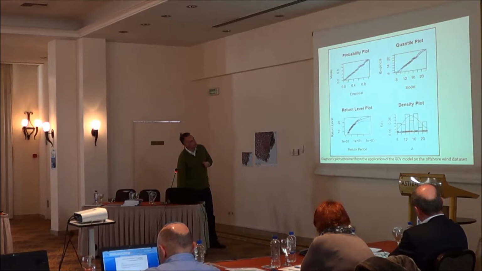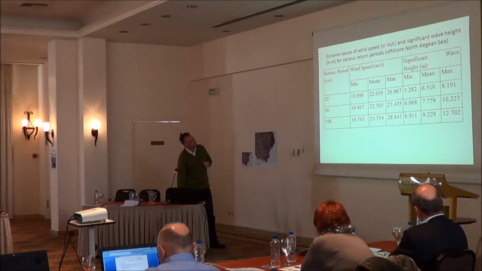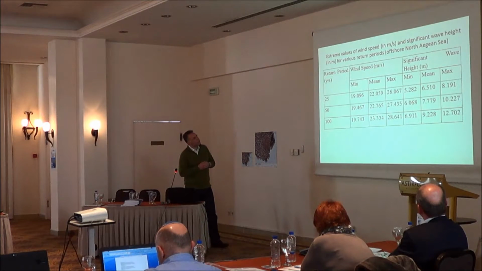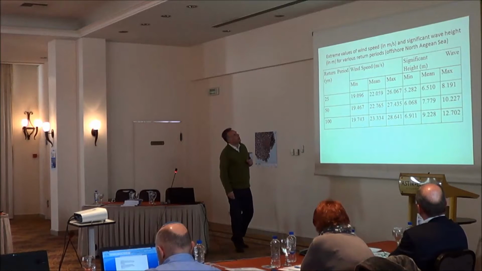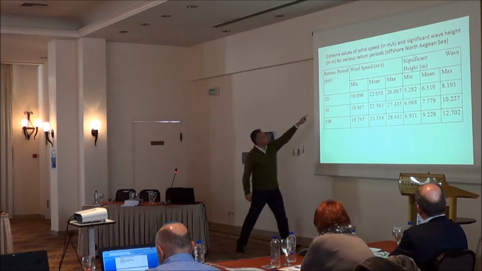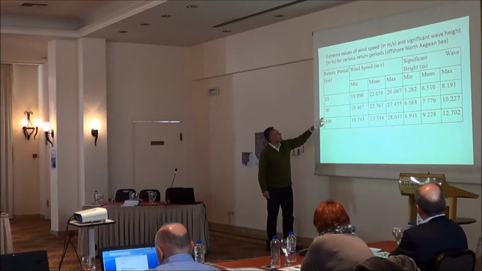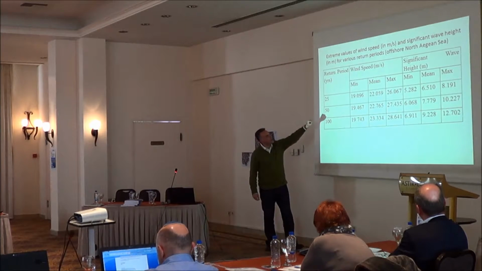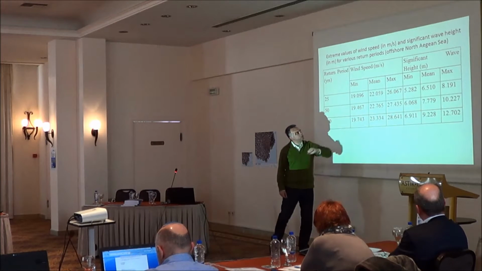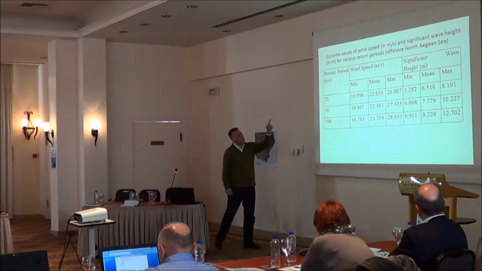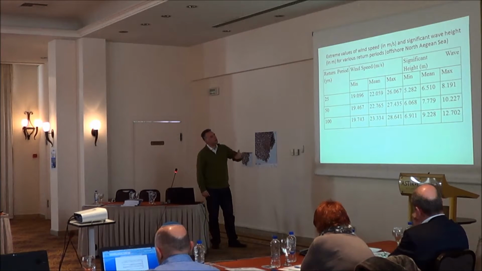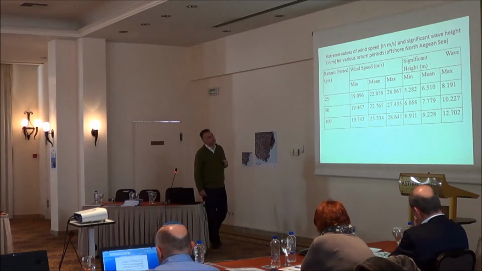These are some plots from this analysis, and these are the results. For the various years, we have 25 years, 50 and 100 years return period. We have minimum, mean and maximum wind speeds and wave heights for events that might occur.